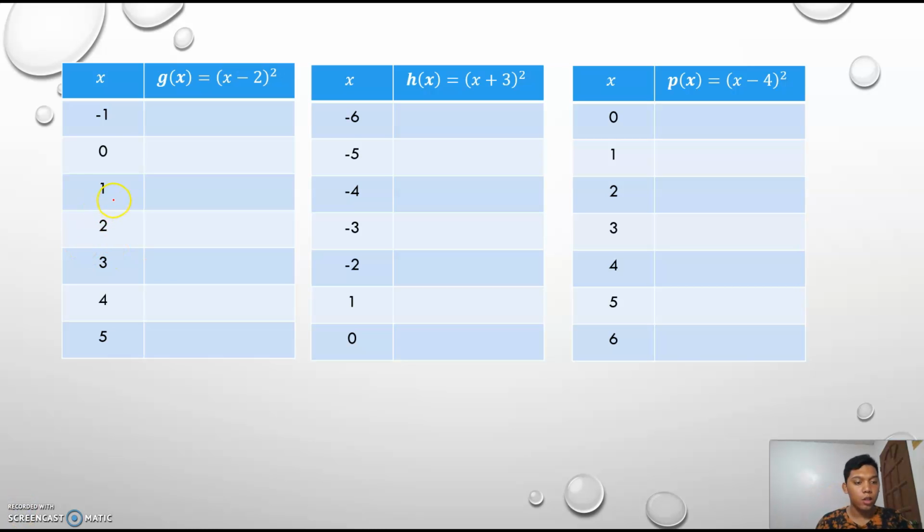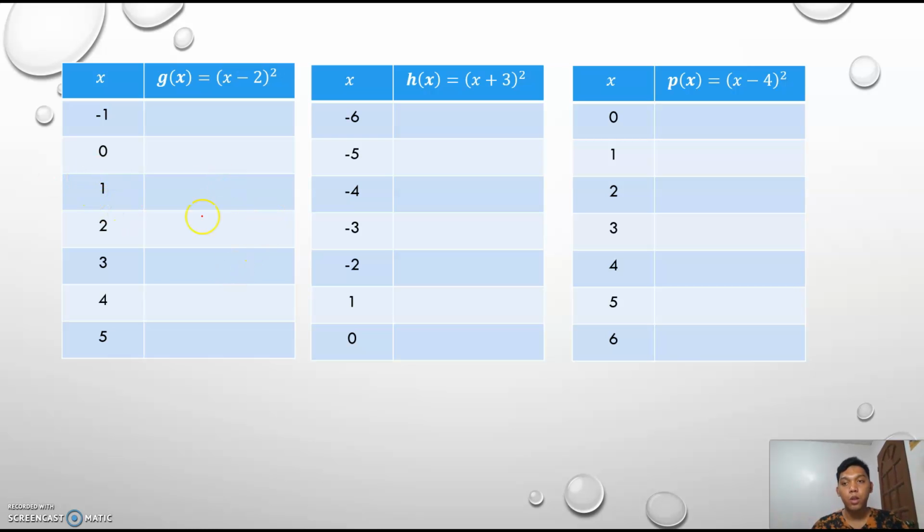We know that the domain of a quadratic function is the set of all real numbers, so you can choose any of it. In this case, I choose these values. If you notice, they're not the same anymore because I choose to have the vertex as the center, so that I can see the left side and the right side of the graph.